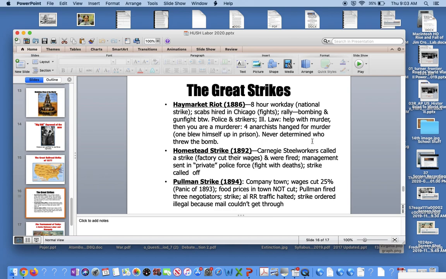Public opinion turns against the workers when Alexander Berkman attempts to assassinate Frick despite being like 3 feet away from him. I'm not really sure how you can mess that up, but he managed to. He's almost martyred, and again, this leads to nothing positive for workers. I think in the video it mentions that you don't see much union activity in the steel industry for another 40 or so years.